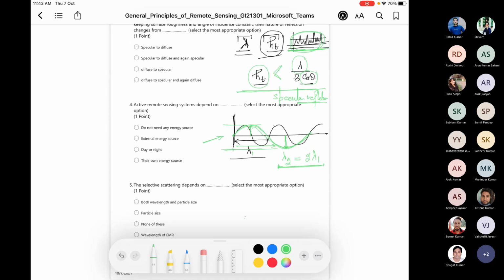In that case also, specular reflection takes place. Like at large wavelength, that energy signal will be reflected in one direction without deviating in other directions, even at a very rough surface. Okay, maintaining this condition over there.